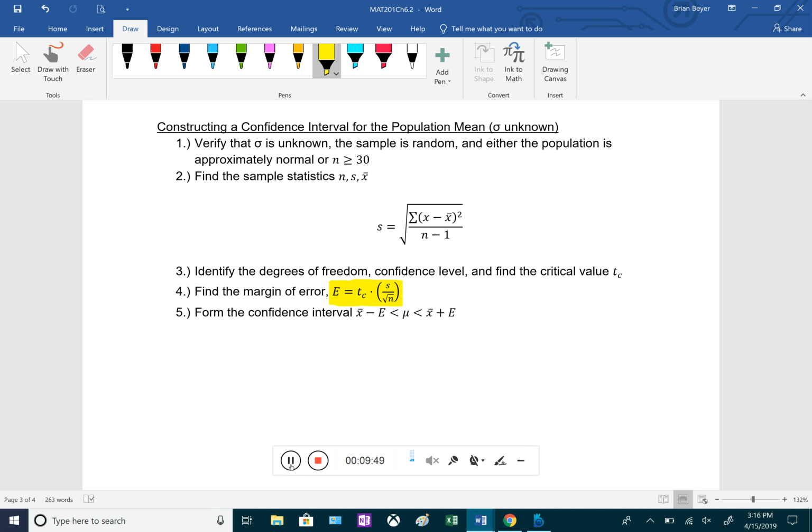It is equal to that T value times the standard deviation over the square root of the sample size. And then we're going to form this confidence interval, which is the same exact thing as last time. X bar minus E and X bar plus E for the two endpoints. So mu is between those with whatever percent confidence that you're given.